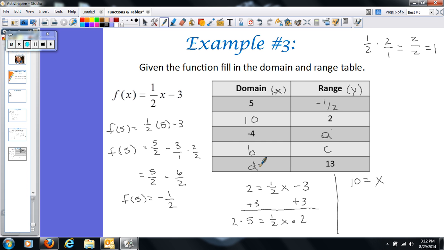So for B and C, right here, I don't give you numbers. So you can pick a number for the domain and find the number for the range, or you can pick a number for the range and find a value for the domain. That is up to you, okay? But you're going to use the same techniques that we just used. So your warm-up come Monday is going to be to give me the values of A, B, C, and D. All right.